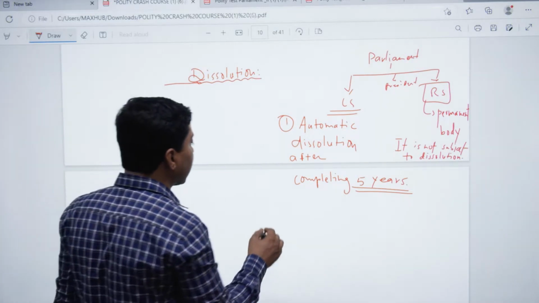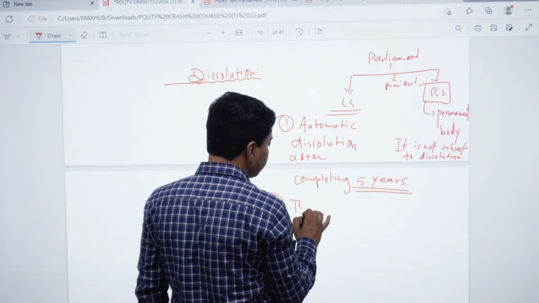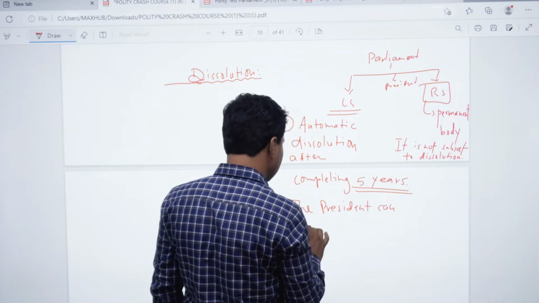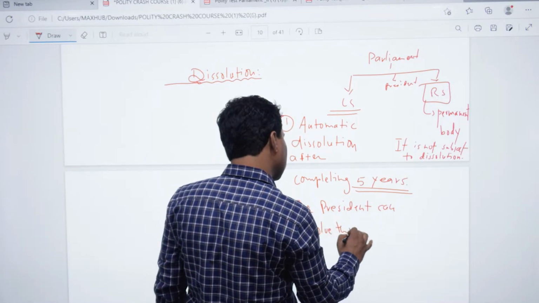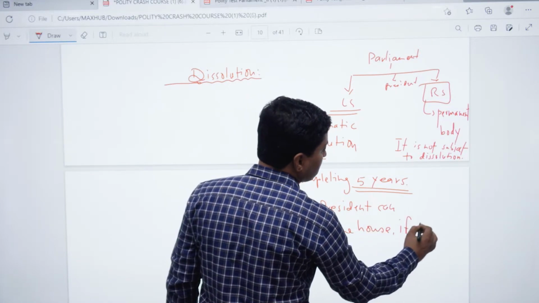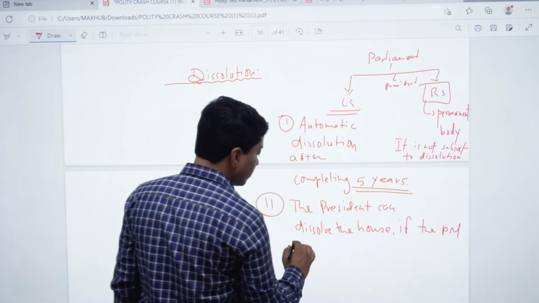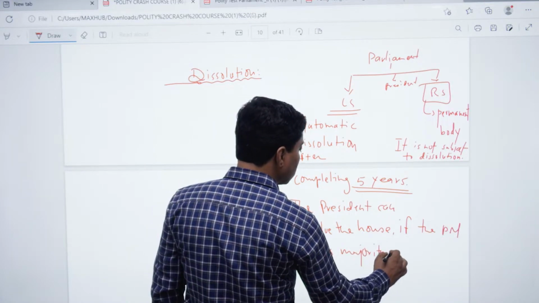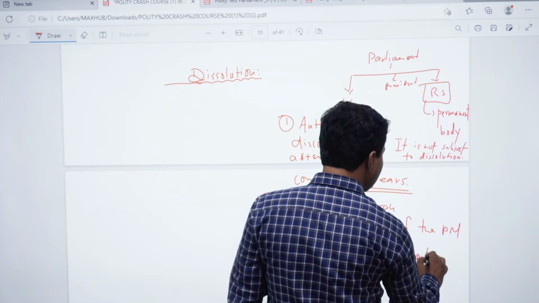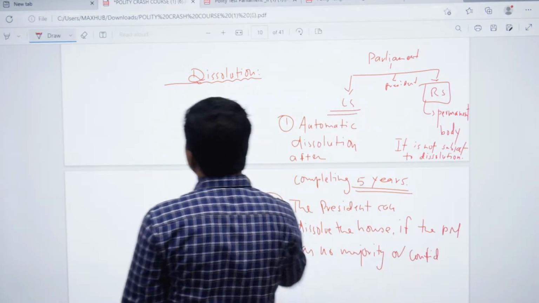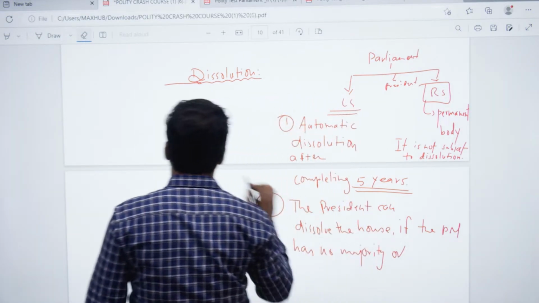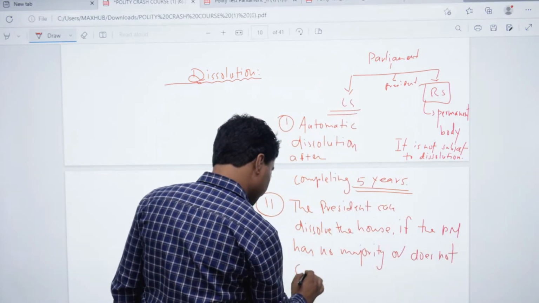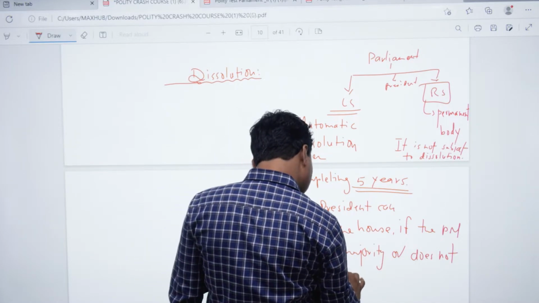Now if you look at the second, the President can dissolve the House if the PM has no majority or does not carry the confidence of the Lok Sabha.